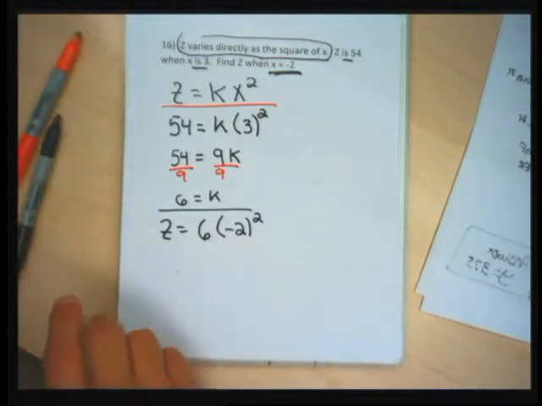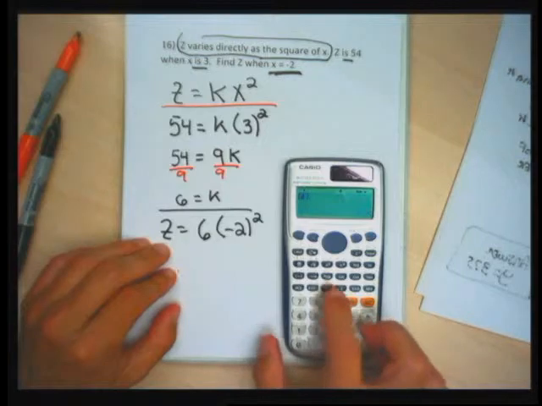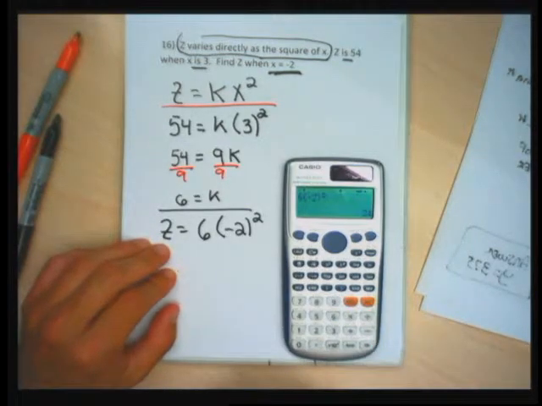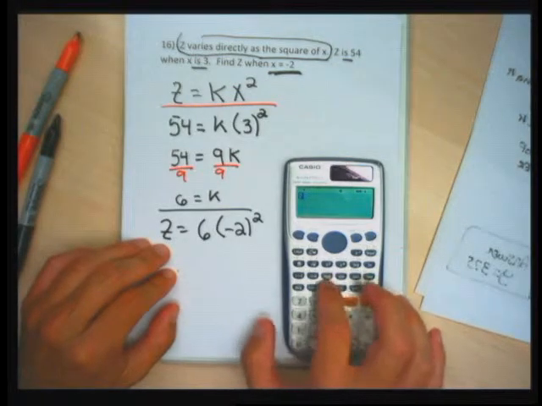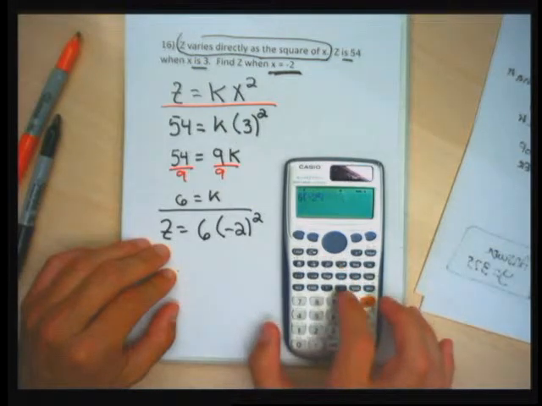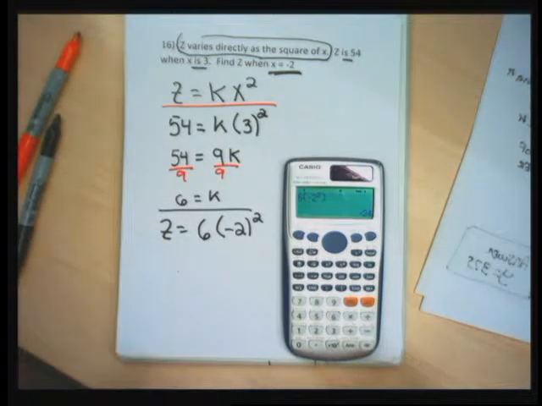On my calculator, if I did this, I'd go 6 times (-2) squared. It would give me +24, which is the correct answer. If you did this, 6 times -2 squared like that, and didn't put the parentheses around the -2, you'd get -24, which is the wrong answer.